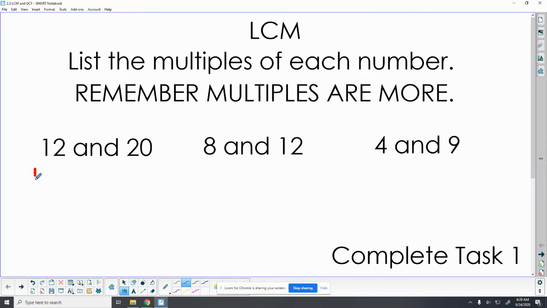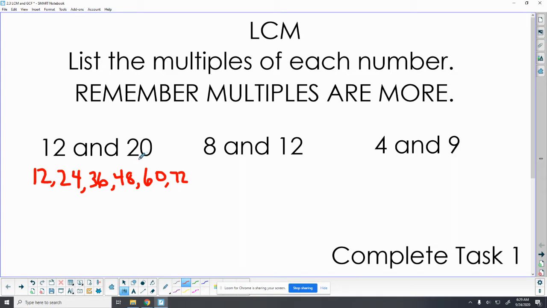So if I am starting with 12, if I take 12 and times it by 2, I get 24. 12 times 3 is 36. 12 times 4 is 48. 12 times 5 is 60. 12 times 6 is 72. So I'm going to stop there and see if that's enough. I might have to add more if I haven't gone far enough.